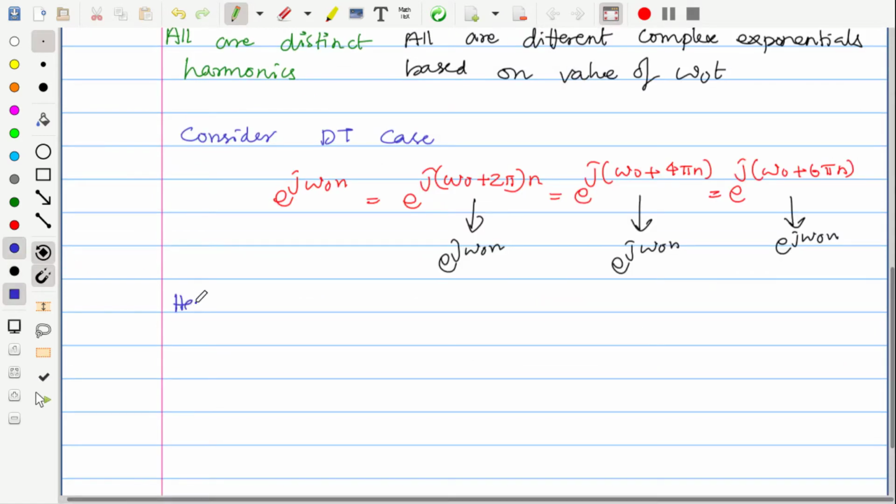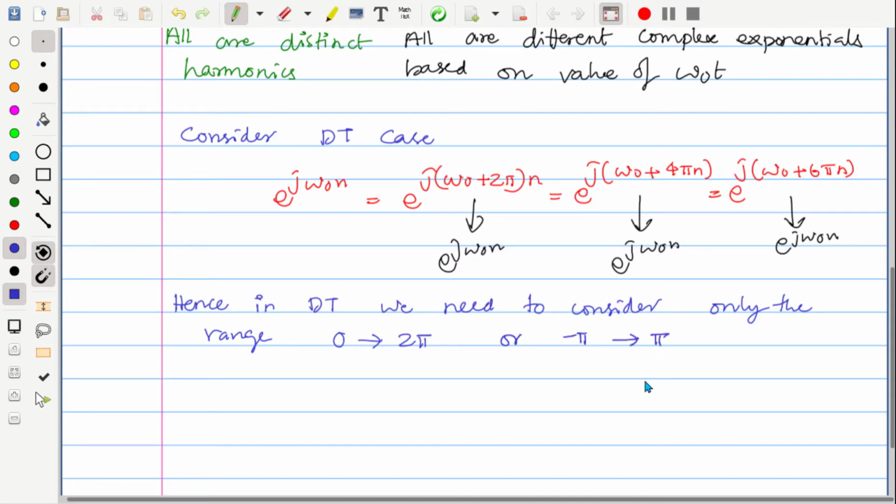Therefore, in considering discrete time complex exponential signals, we need to consider only a frequency interval of 2π in which we have to choose ω0. This interval can be 0 to 2π or −π to π, which we have already discussed in elementary signals.